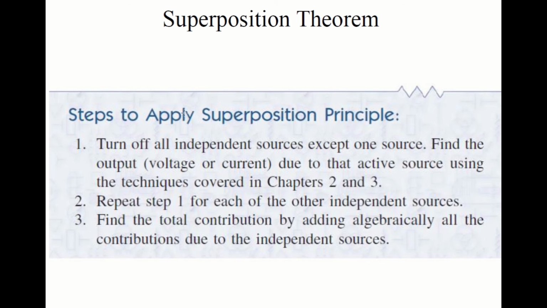Repeat step 1 for each of the other independent sources. If you have 3 independent sources, you repeat the step 3 times, and find the total contribution by adding algebraically all the contributions due to the independent sources.